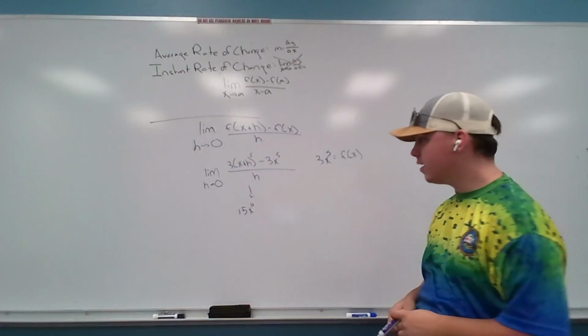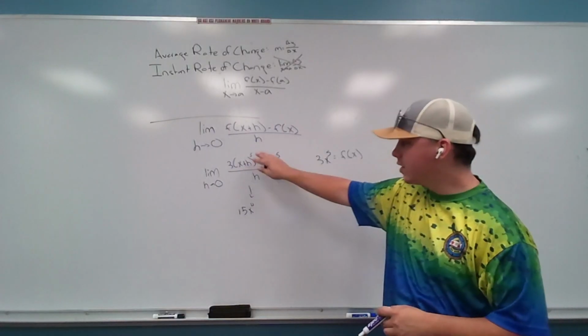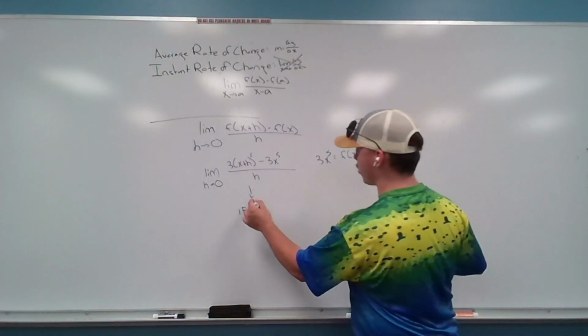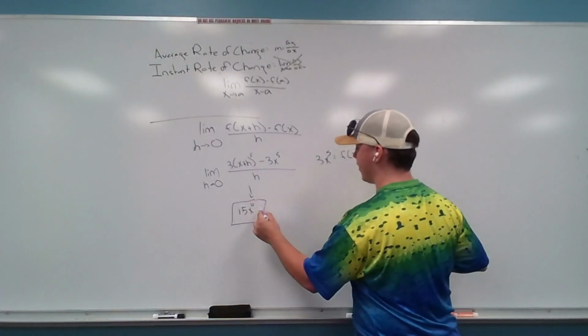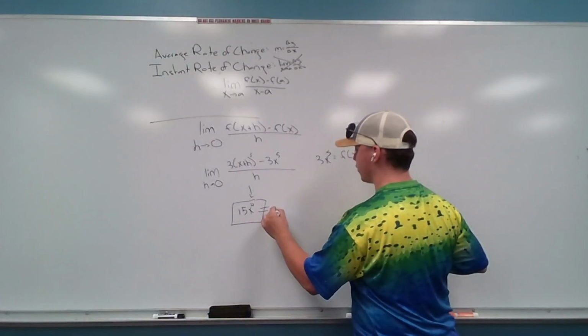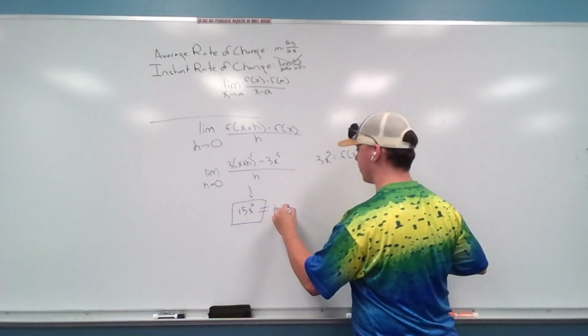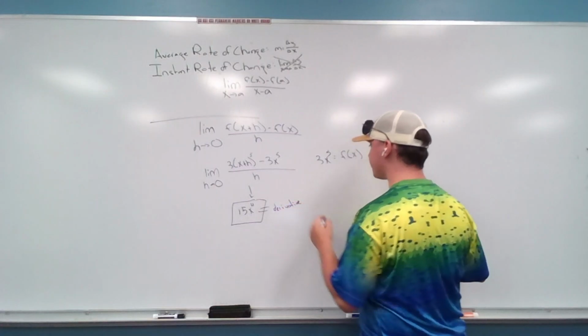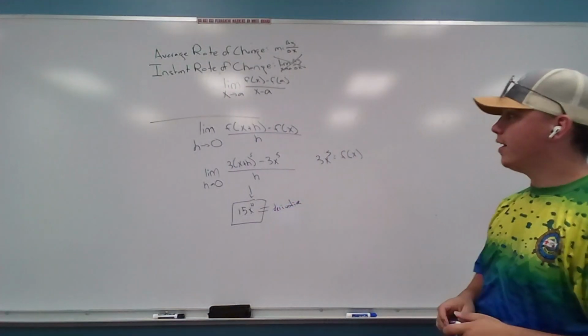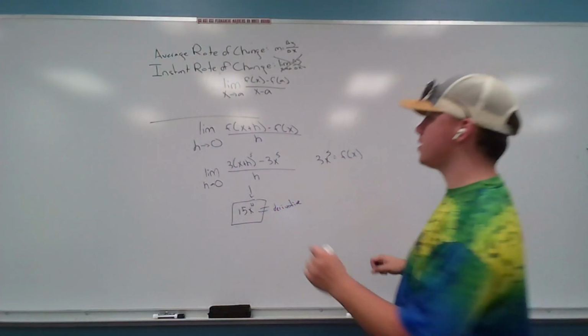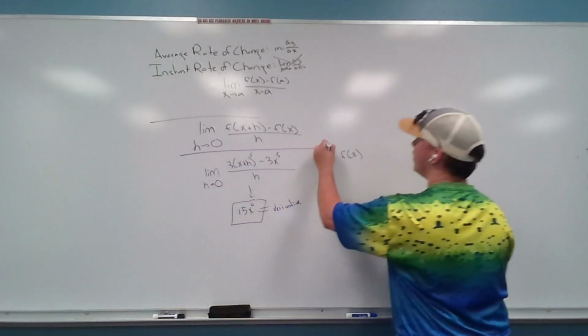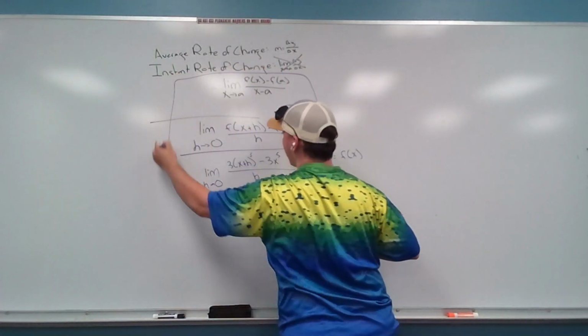Does that make sense? If I take this and I evaluate the limit, it's going to give me an equation, and that's going to be the derivative, or the equation of the derivative, I mean. It's nothing more than that. These two equations, or you could say definitions, are how we can find a derivative.